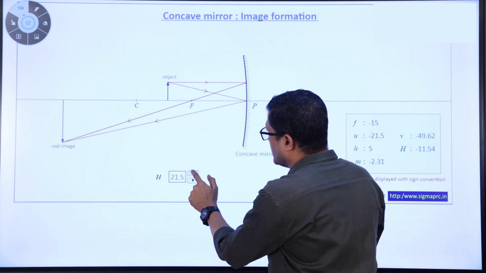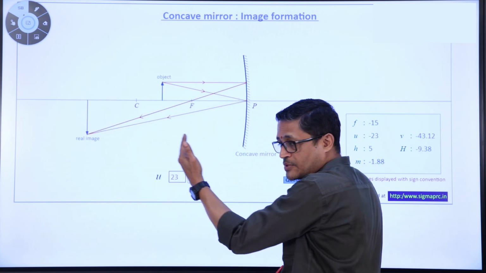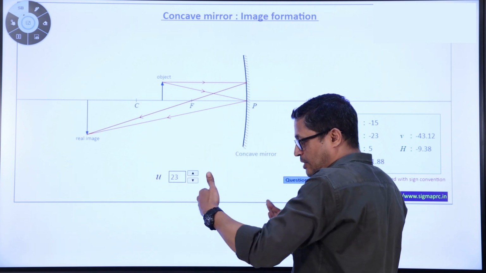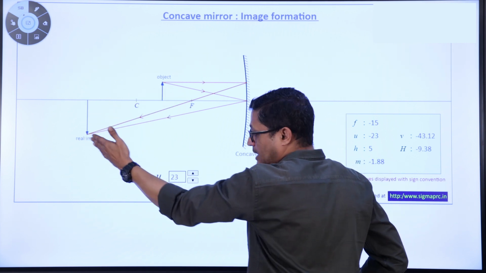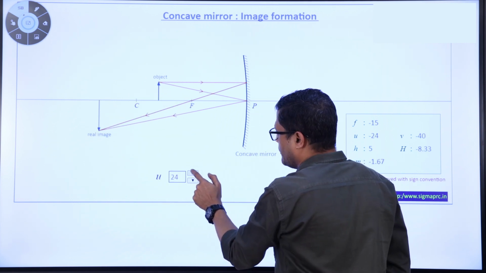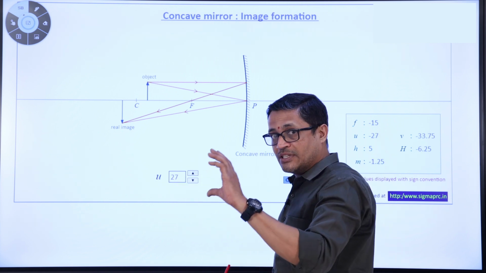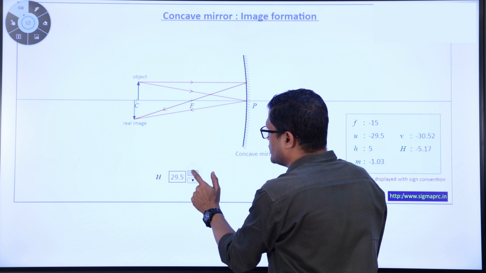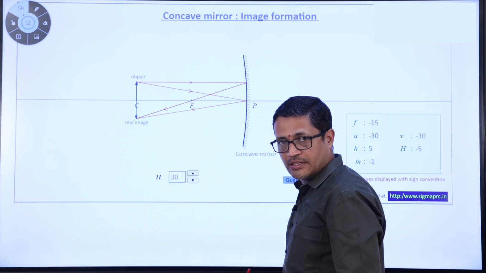So if I further increase the object distance, as the object moves further, the image comes closer. In case of virtual image, it was different. When the object was coming closer, the image was also coming closer. Here, as the object is going further, the image is coming closer. You see, the object is moving far and the image is coming closer, and the image is getting reduced in size, and at center of curvature, here the object size is exactly equal to the image size.